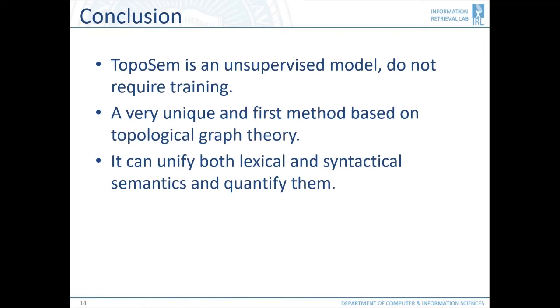It can unify both lexical and syntactical semantics together, because we use the constituency parsing tree to represent the syntactical semantics, and use the word similarity comparison to represent the lexical meanings of the words. And we also use topological persistence to quantify them together and give you a score to compute any two documents' similarity.